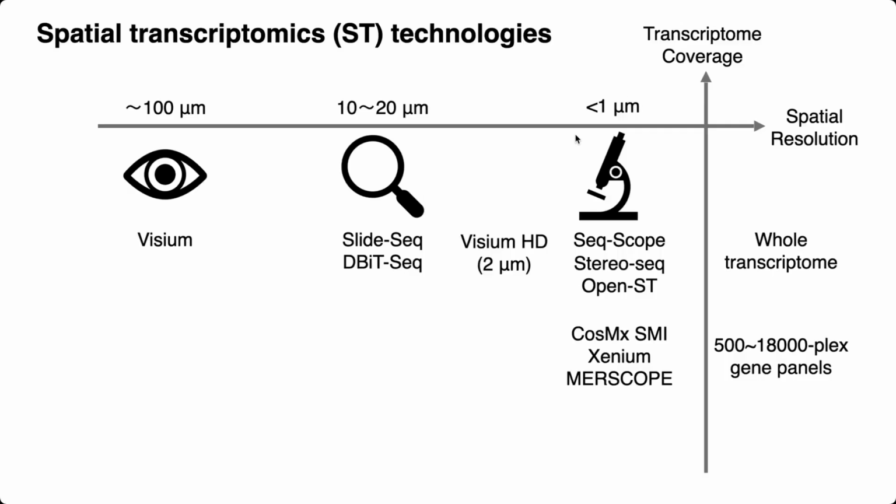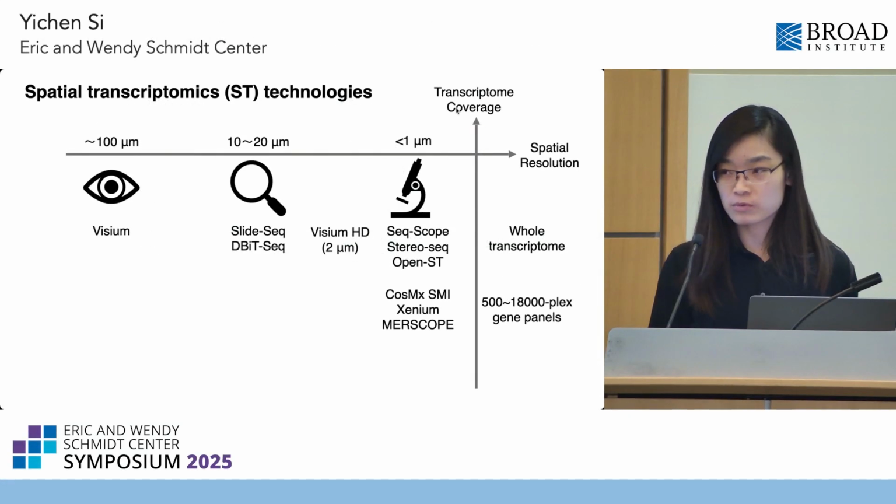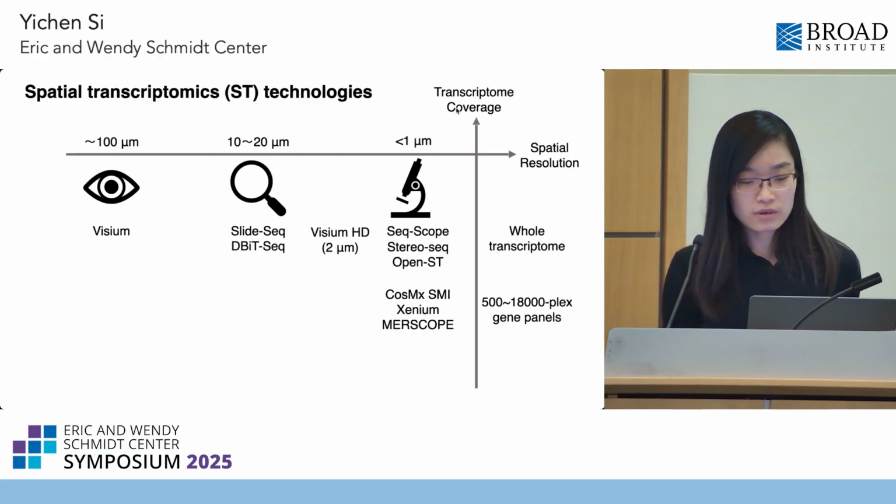Right. We've heard about spatial transcriptomics in this section. Spatial transcriptomic technologies have been developing rapidly in recent years. Two of the key aspects of those technologies are the spatial resolution and the number of genes profiled. Imaging-based technologies can measure the precise location of every molecule, but can only profile a pre-designed gene panel. And commercial platforms are expanding their throughput, scaling from a few hundred to thousands of genes.